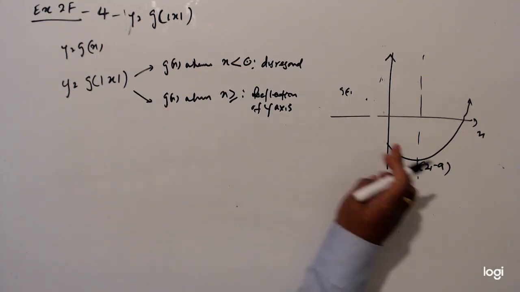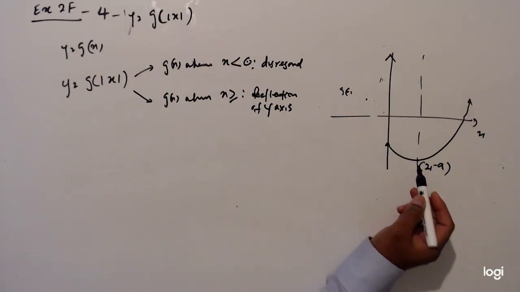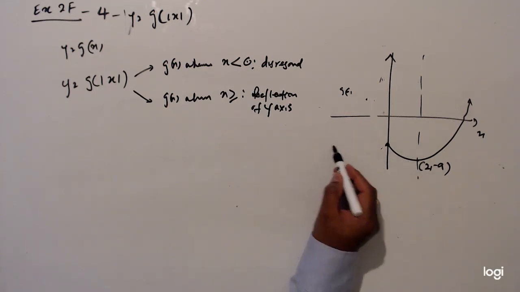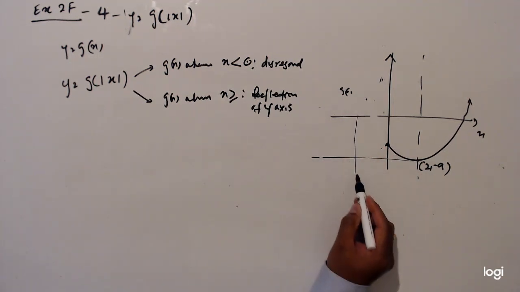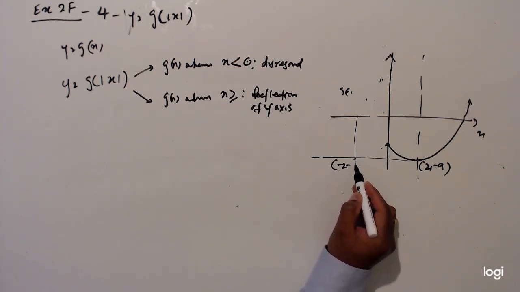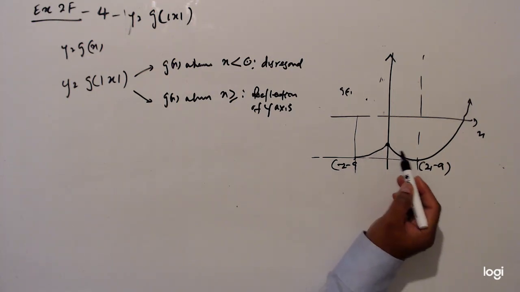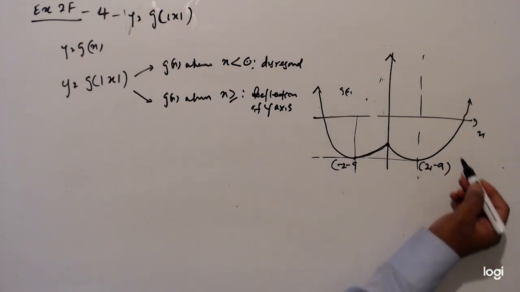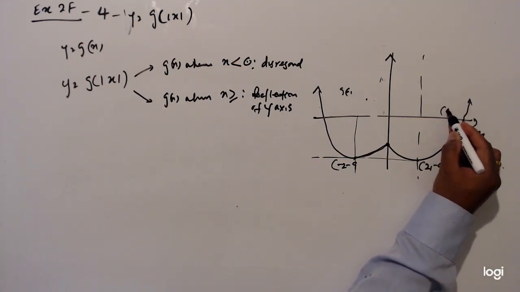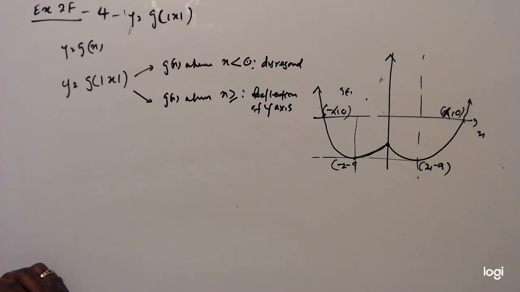And for x greater than 0, we have to get the mirror reflection. So this point is as it is. So (2, -9) becomes (-2, -9). Assume this point is (alpha, 0), then this point becomes (-alpha, 0).